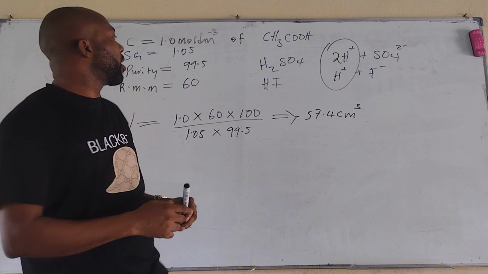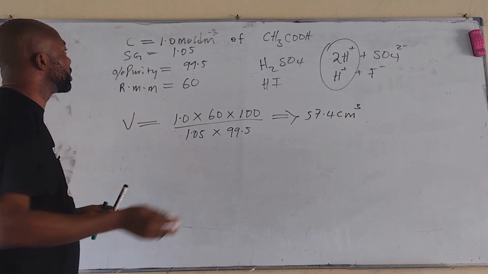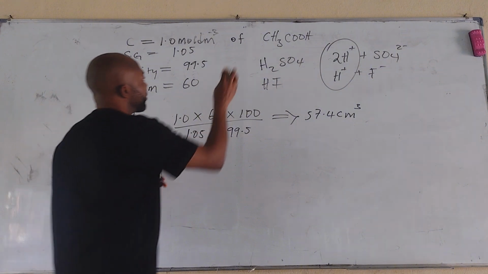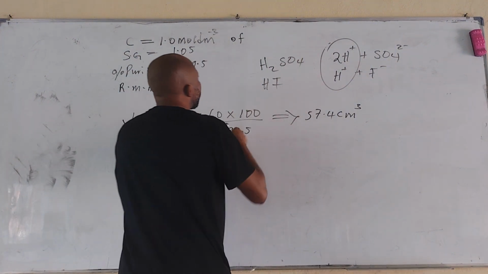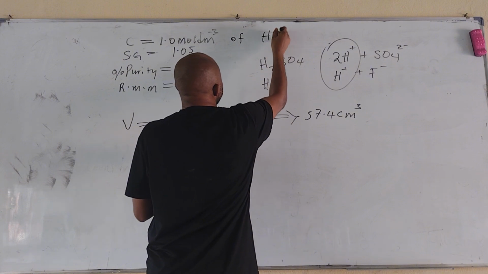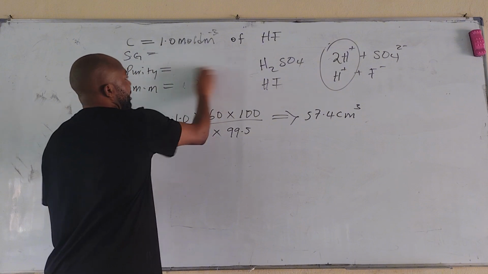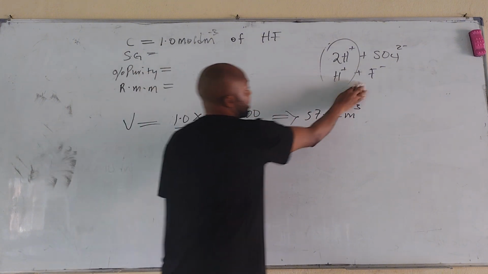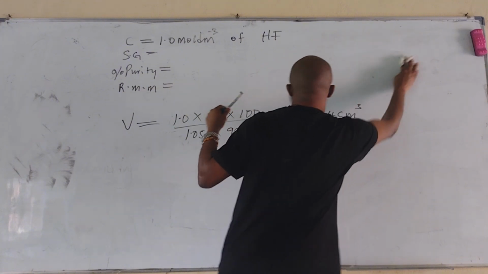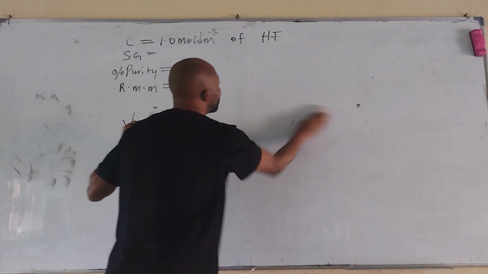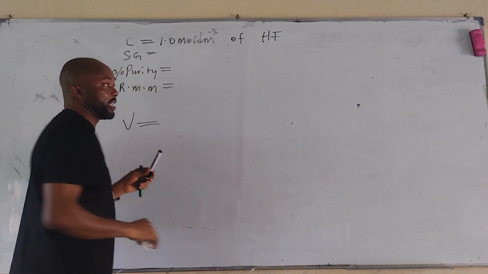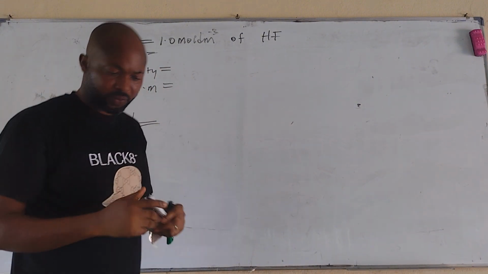Alright, so now hydrofluoric acid is what we want to determine, 1.0 mole of HF. So let's take our HF here, although you're never going to prepare it in your lab. I don't even think you're ever going to see it, because in the various higher institutions of learning, they don't get them for you.